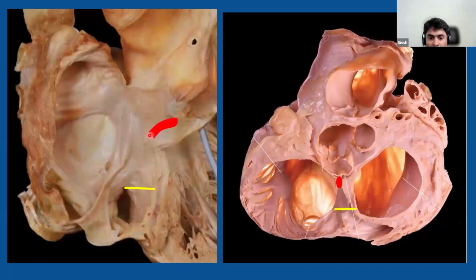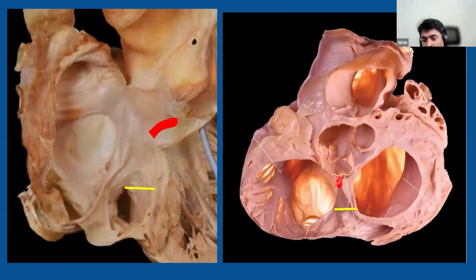Now, the anteroseptal pathways, again, if you see the right side LAO picture, the bundle of His is actually almost at the crest of the septum. Traditionally, the pathways which were higher than the bundle of His in this region, which were close to the non-coronary cusp, were called anteroseptal pathways.